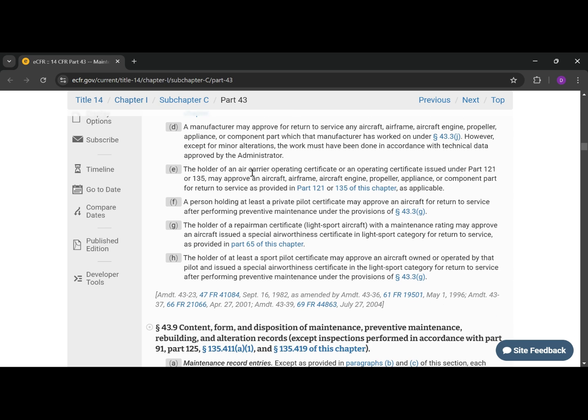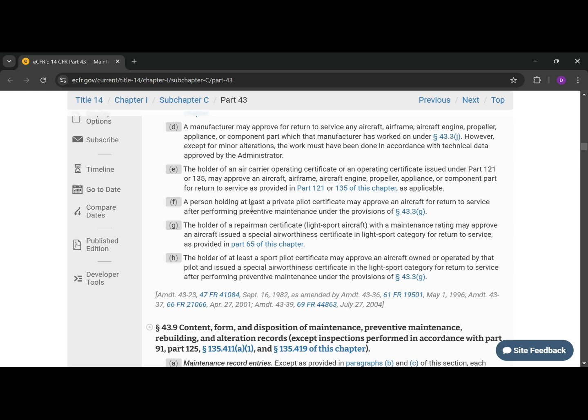The holder of an air carrier operating certificate or an operating certificate issued under Part 121 or 135 may approve an aircraft, airframe, aircraft engine, propeller, appliance, or component part for return to service as provided in Part 121 or 135 of this chapter, as applicable.